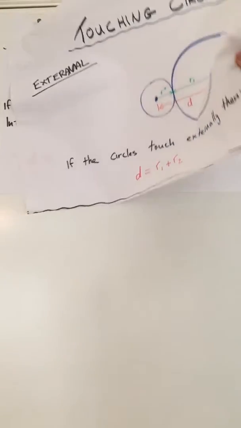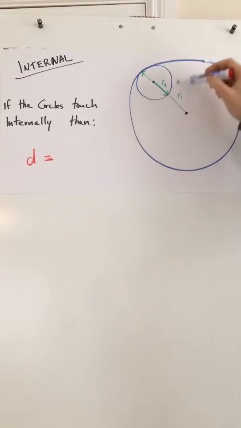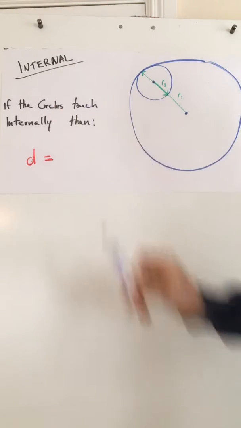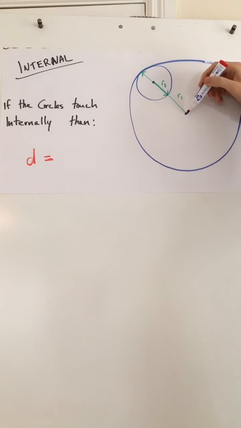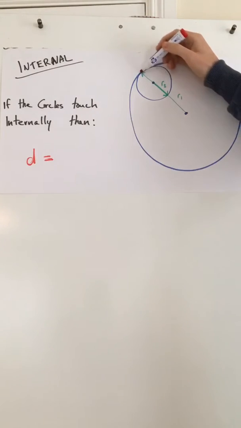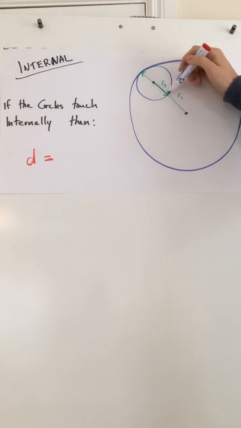The circles can also be like this. We have a big circle again and a small circle, but this time the small circle is inside the big circle, so they actually touch internally. Here we have the center of the big circle and the radius of the big circle is all of this, but the radius of the small circle is just this bit here.